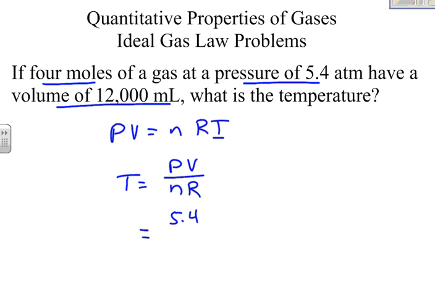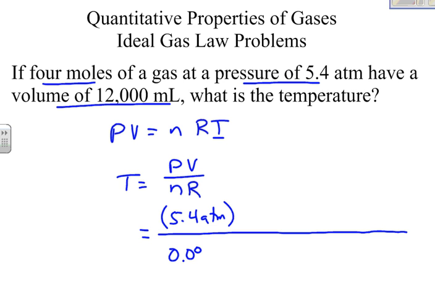Pressure is 5.4 atmospheres. I do want to check as I go along that I have the right units. Remember R, maybe we should plug that in here just so we can confirm the units. R is 0.08206 liter atmospheres over K moles.